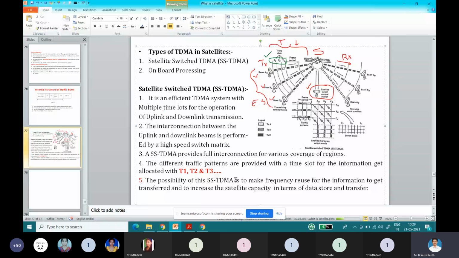So that's why we are going for this SS TDMA.